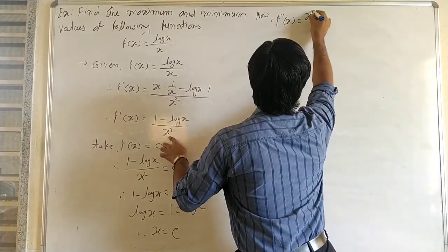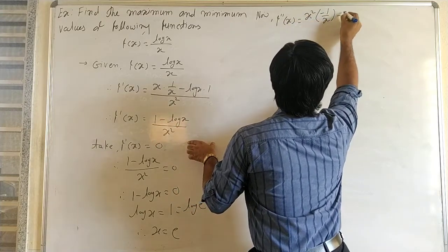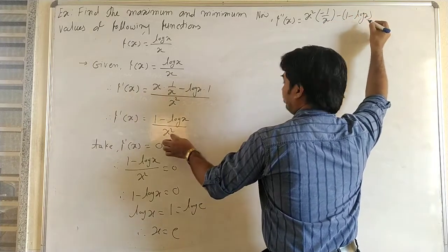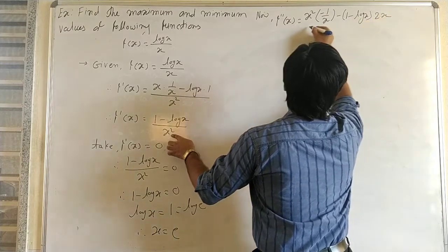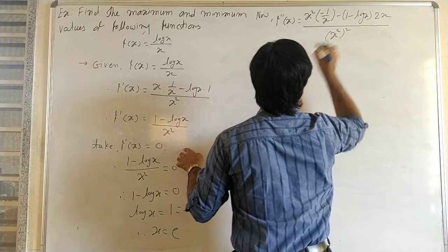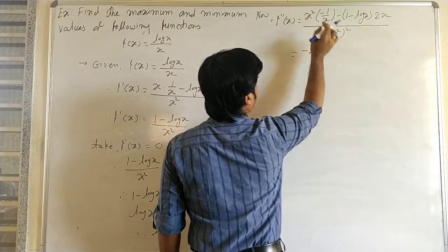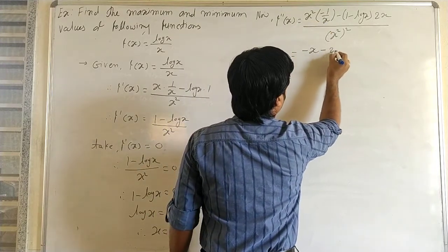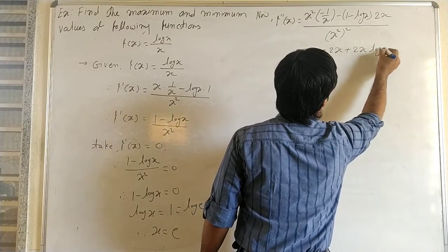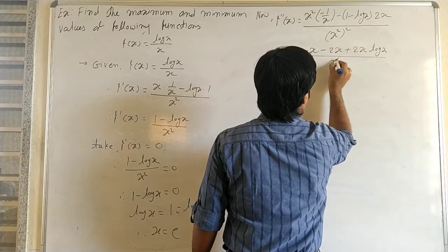It is x square into derivative of this term, it is minus 1 by x, minus 1 minus log x into derivative of this, it is 2x, and upon x square of square. Now calculate, it is minus x and then minus 2x plus 2x into log x multiplication and upon x to the power 4.